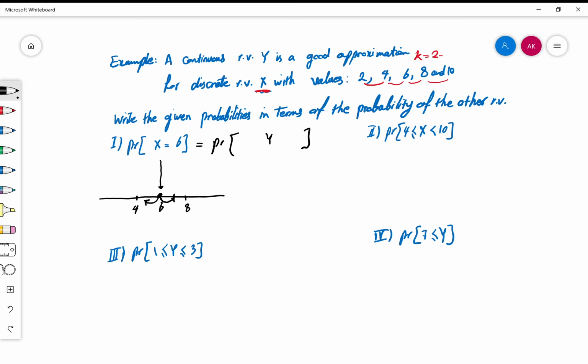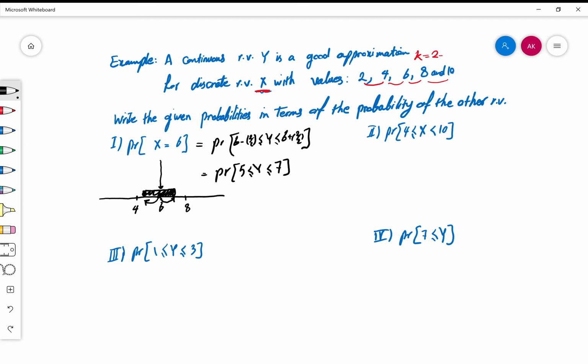So halfway up of 6 is 7, halfway down is 5. Let me write in more detail: this is 6 minus 2 over 2, k over 2, and 6 plus 2 over 2. And that means I have the probability of y being bigger than or equal to 5 and less than or equal to 7.